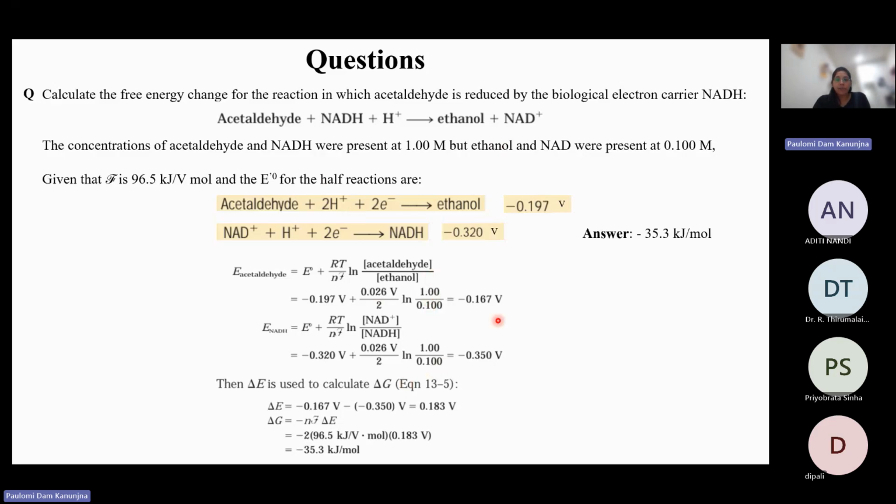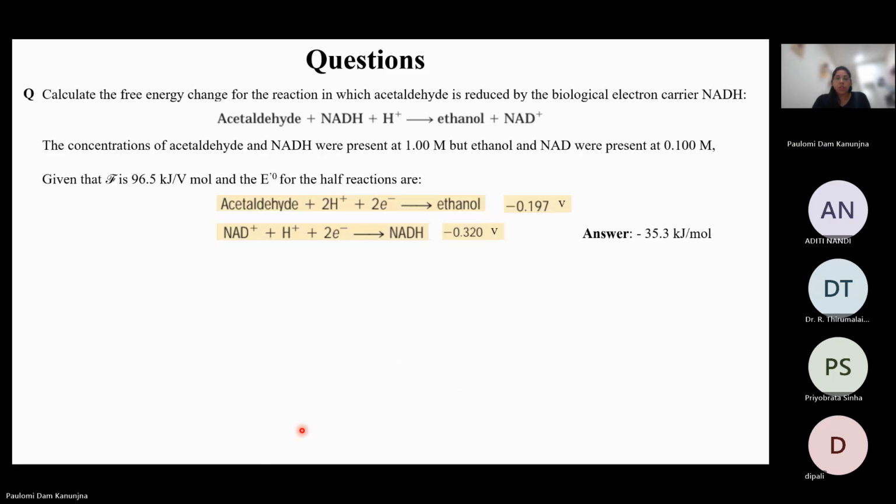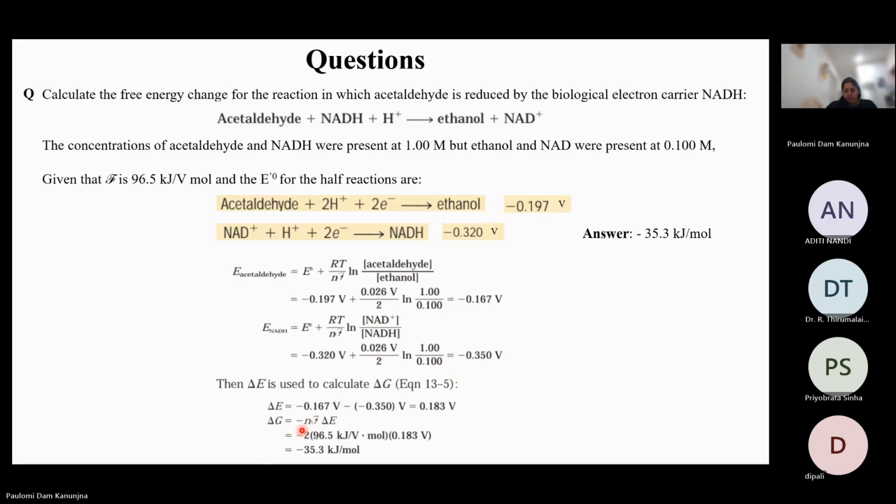Same thing we have done, and we got minus 0.167 and minus 0.350. We did the same calculation as in the previous question: minus 0.167 minus 0.350, which is 0.183. And then we calculated the delta G, right? So these two questions, yes, I understand why they would have looked a bit difficult, but that makes up that component here.